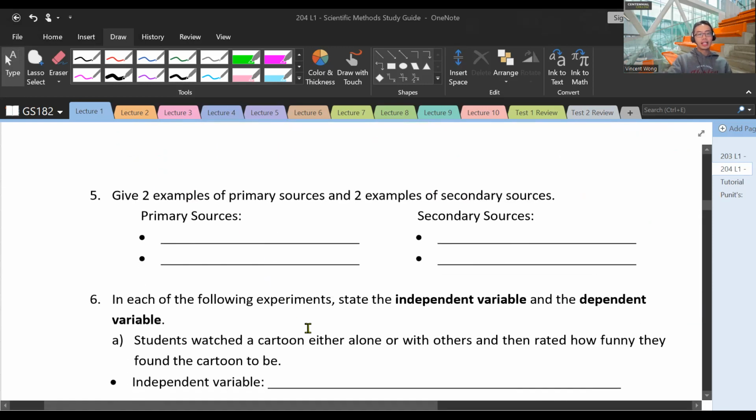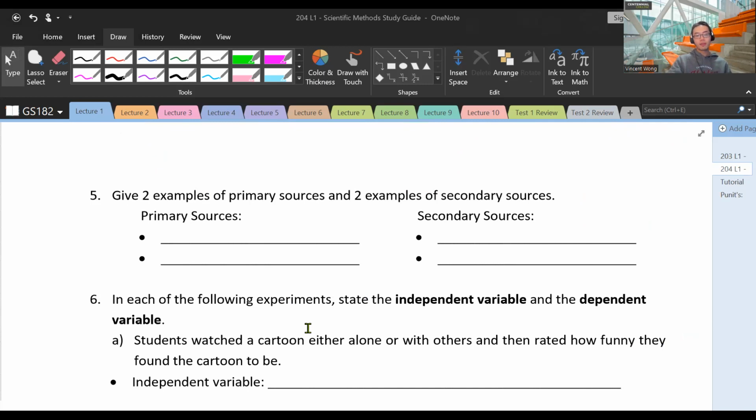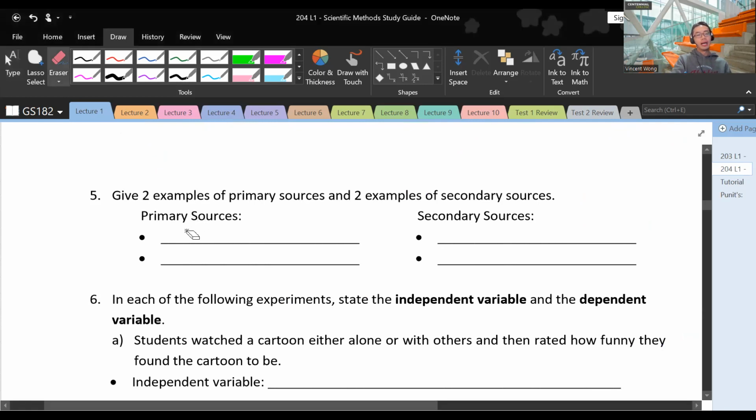Okay, moving on. Give two examples of primary sources and two examples of secondary sources. So primary sources are basically sources that are directly from, or we can say first-hand information.